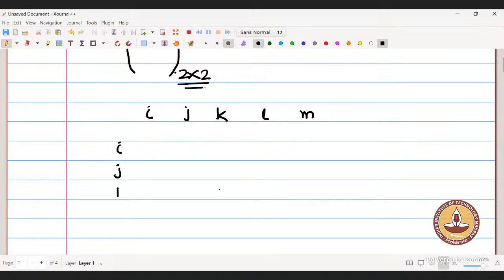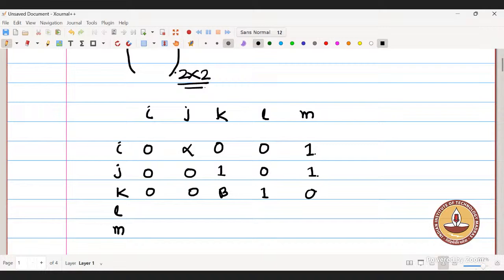The rows and columns are j, k, l, m, and the entries are 0, alpha, 0, 0, 1, and 0, 1, 0, 1, 0, 0, beta, 1, 0, 0, 0, 0, 0, 1, and 0, 0, 0, 0, right? Just let me know if I'm writing anything wrong. So this is the adjacency matrix, right?